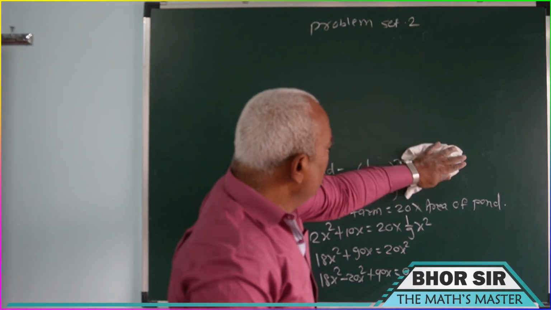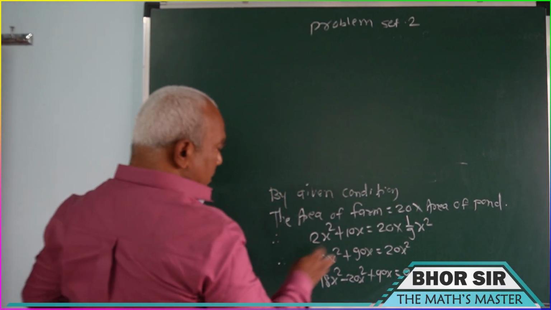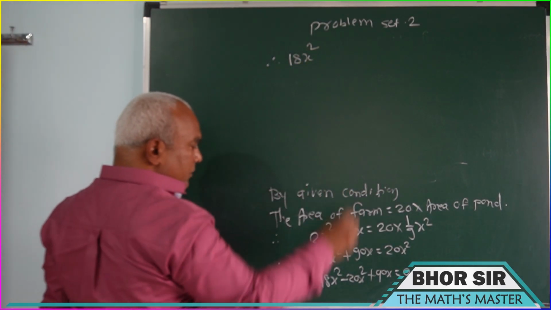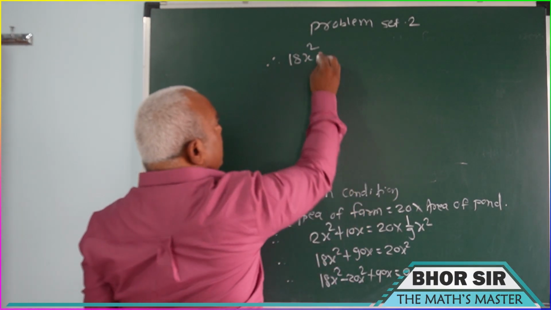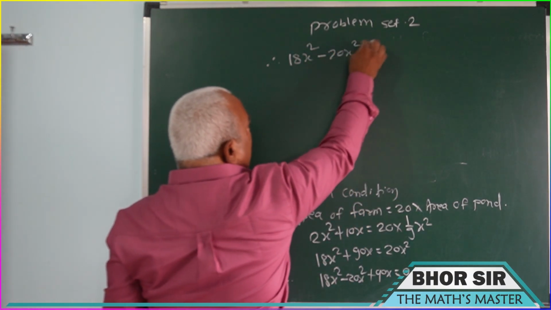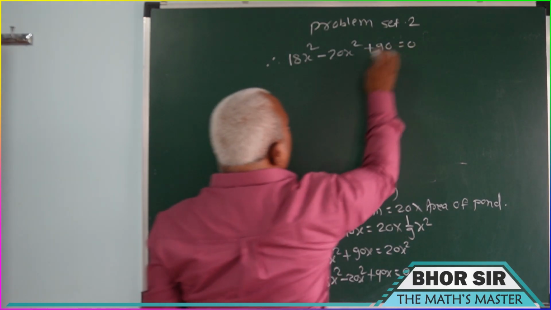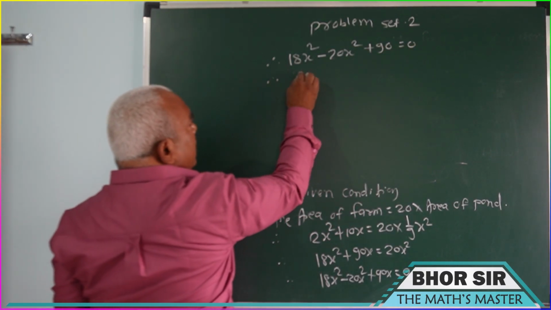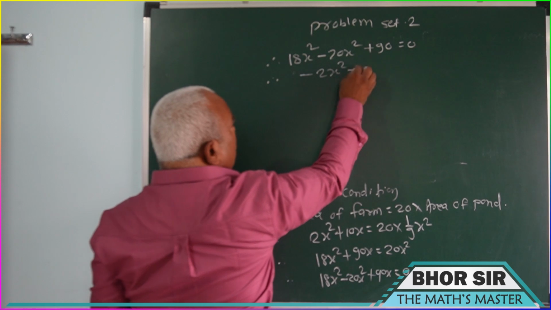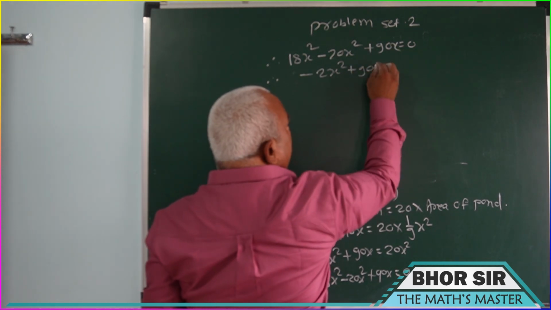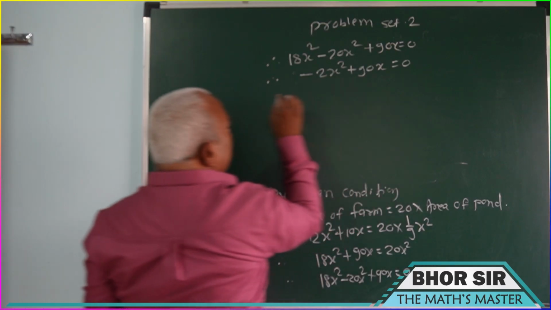Then 18 minus 20 is minus 2, so minus 2x square plus 90x equals 0.